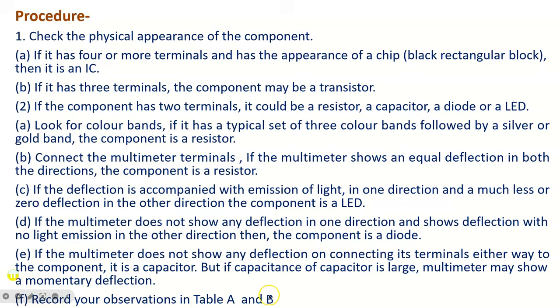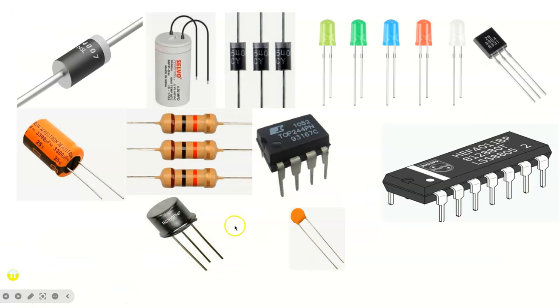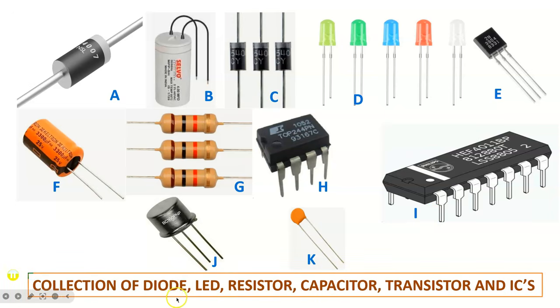Record your observation in table A and B. These are the collections named as A, B, C, D, E, F, G, H, I, J and K. This is a collection of diode, LED, resistor, capacitor, transistor and ICs. And we have to recognize what A, B, C, D, E are.